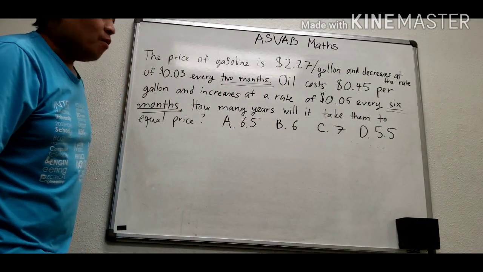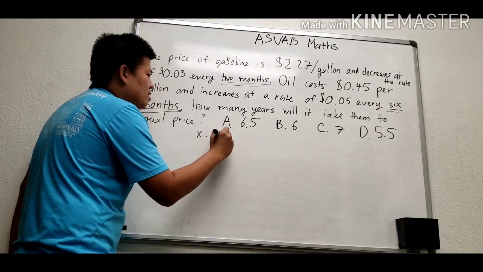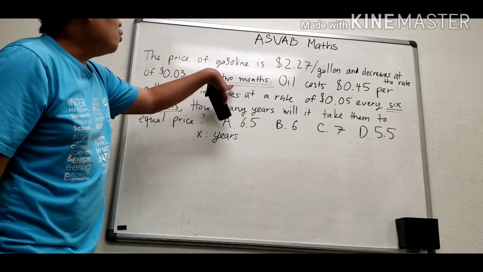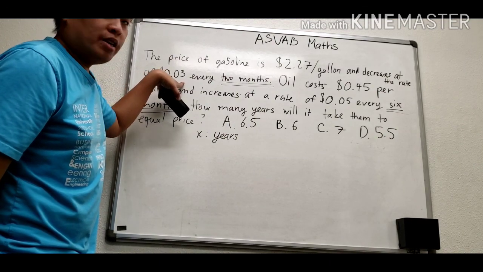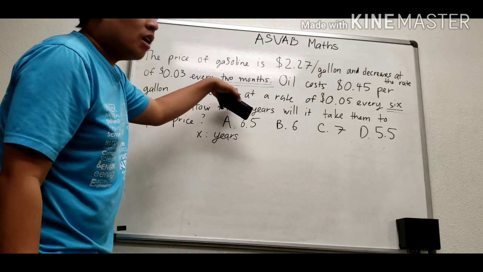So we will use S for the year, to convert 2 months of the $0.03 per gallon. So we will use the ratio.